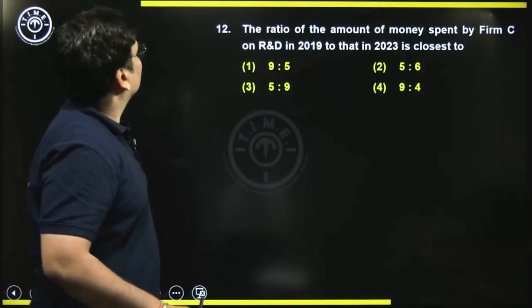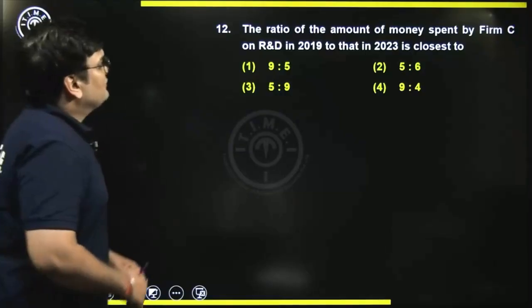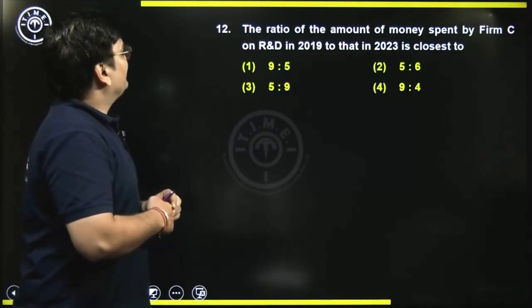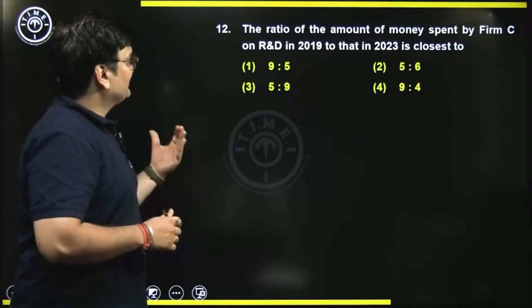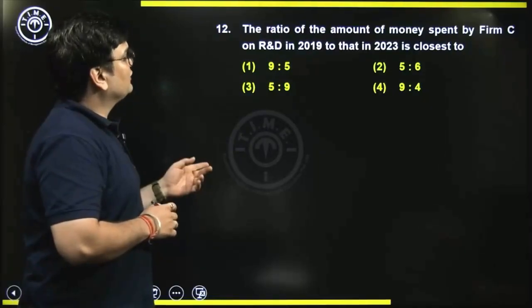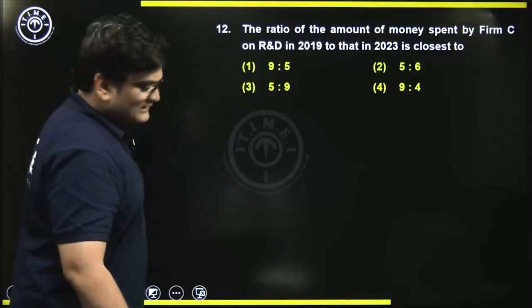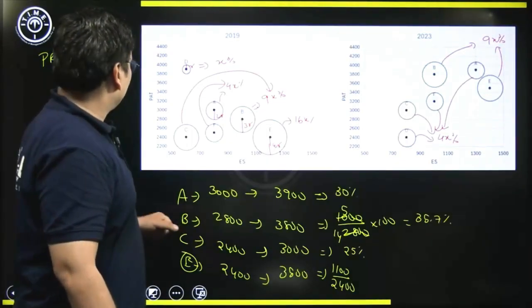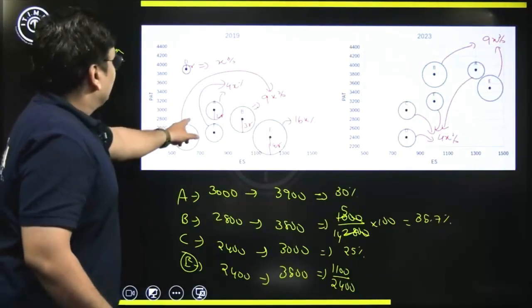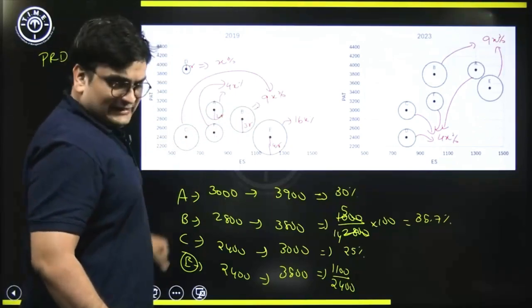Next one: the ratio of the amount of money spent by firm C on R&D in 2019 to that in 2023 is closest to? For firm C, let us see, we have calculated the R&D values.